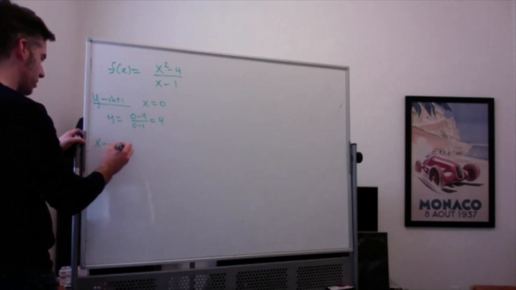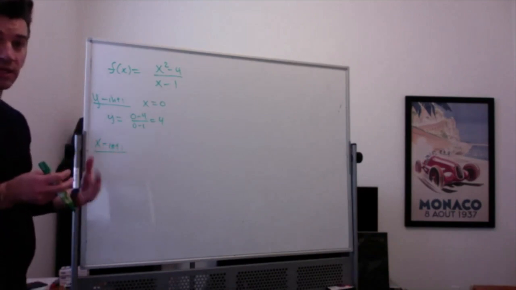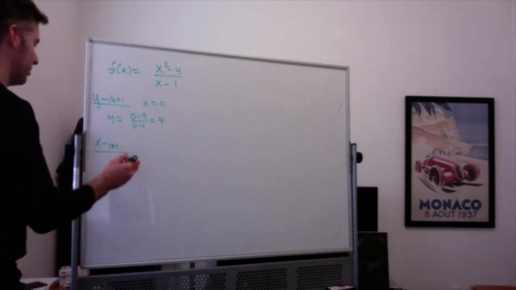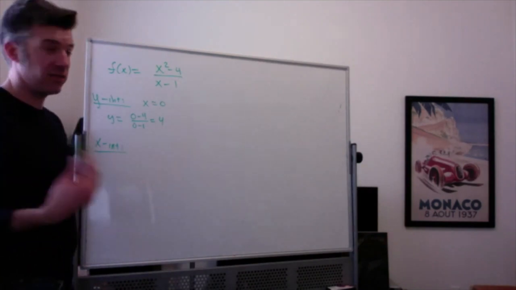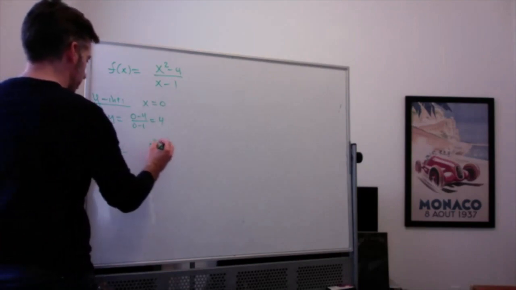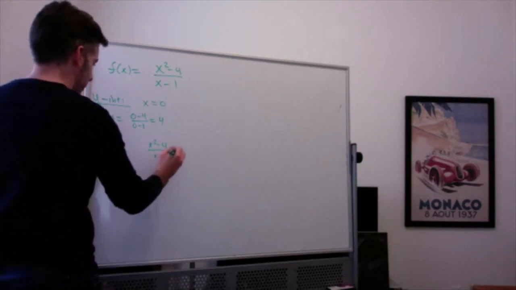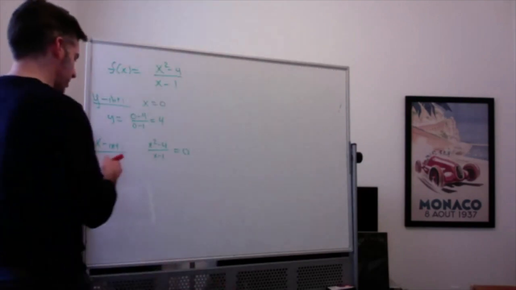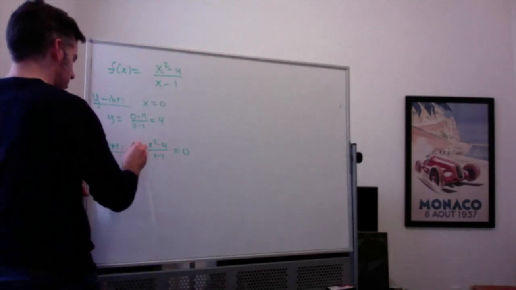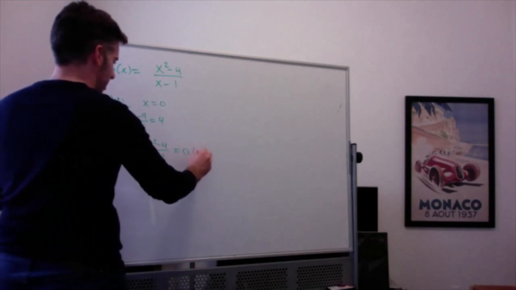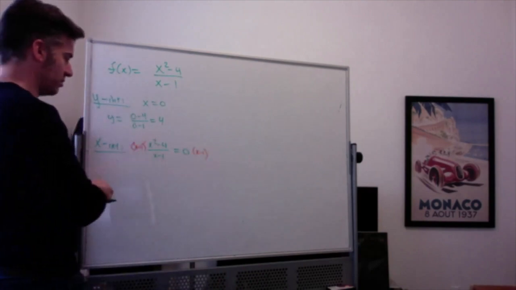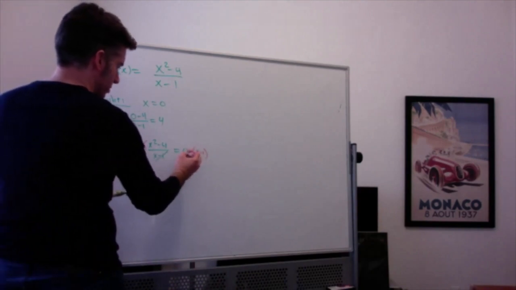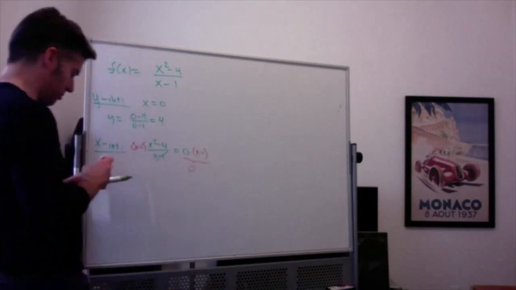X-intercepts. Again, we're thinking of setting the whole thing equal to 0, but we know we really only have to set the top equal to 0. Just in case anyone's forgotten, what I'm really doing is setting the whole thing equal to 0 and then multiplying both sides by the denominator. When I multiply both sides by x minus 1, on the left it just cancels out, and on the right, 0 times the thing is 0.